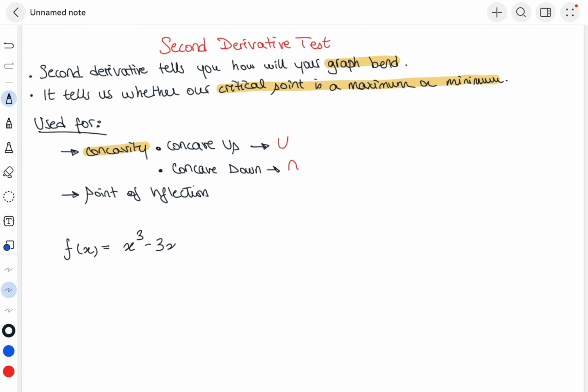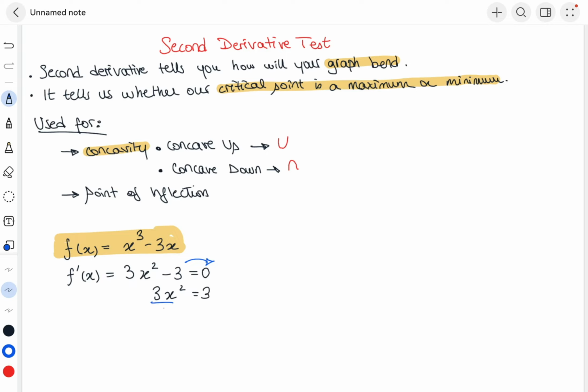First, we'll be given our function f of x. To be able to solve the second derivative test, first we'll need to find the first derivative, which is f prime of x. We derive it. The derivative of x cubed is 3x squared, and the derivative of negative 3x is negative 3. And we equate it to 0. Now to solve for x, we take the negative 3 to that side, where we'll have 3x squared equal to 3.